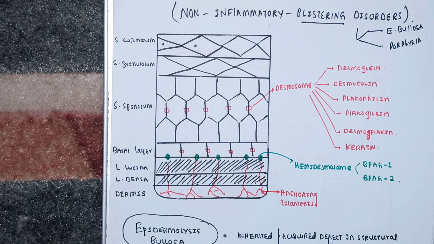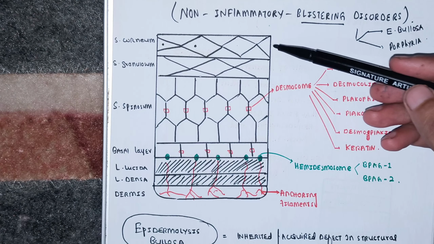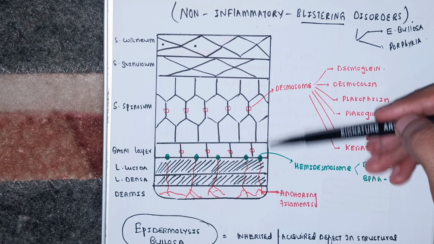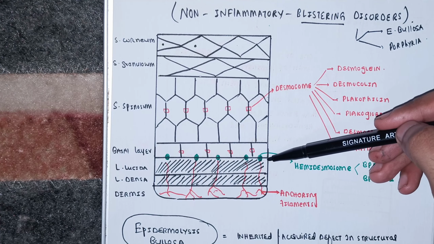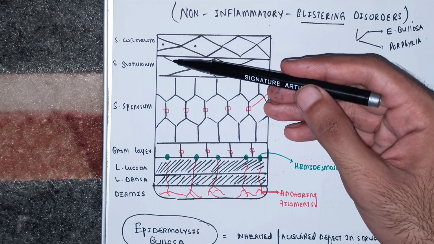But before we go to epidermolysis bullosa, let's quickly recap the histology of the skin we discussed in the previous lecture. Can you see? This is the histology of the skin. Starting from here down, this is your epidermis. How many layers does it have?